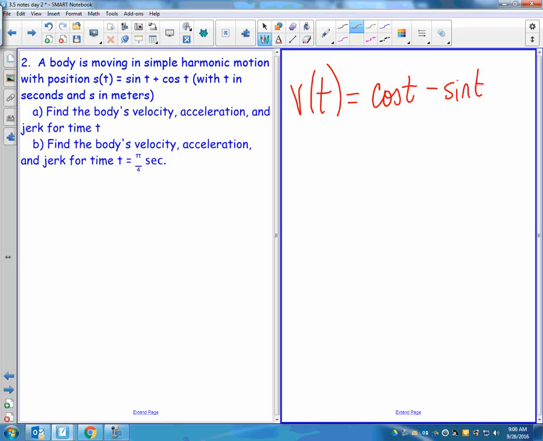Do you want to go ahead and plug pi/4 in, or do all these first and then plug pi/4 in? I'm going to plug it in. So I would get cosine of pi/4 minus sine of pi/4. What's that going to equal?